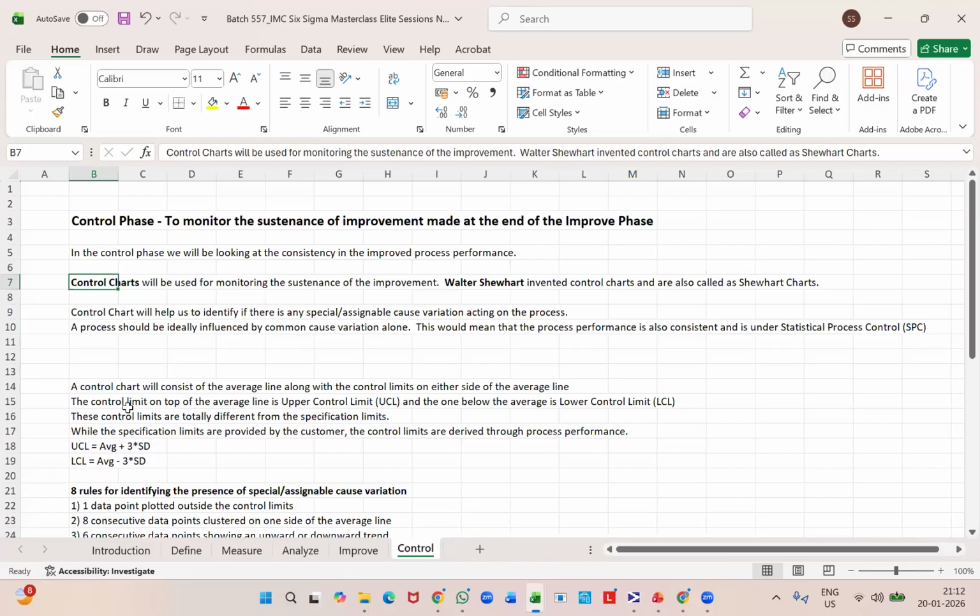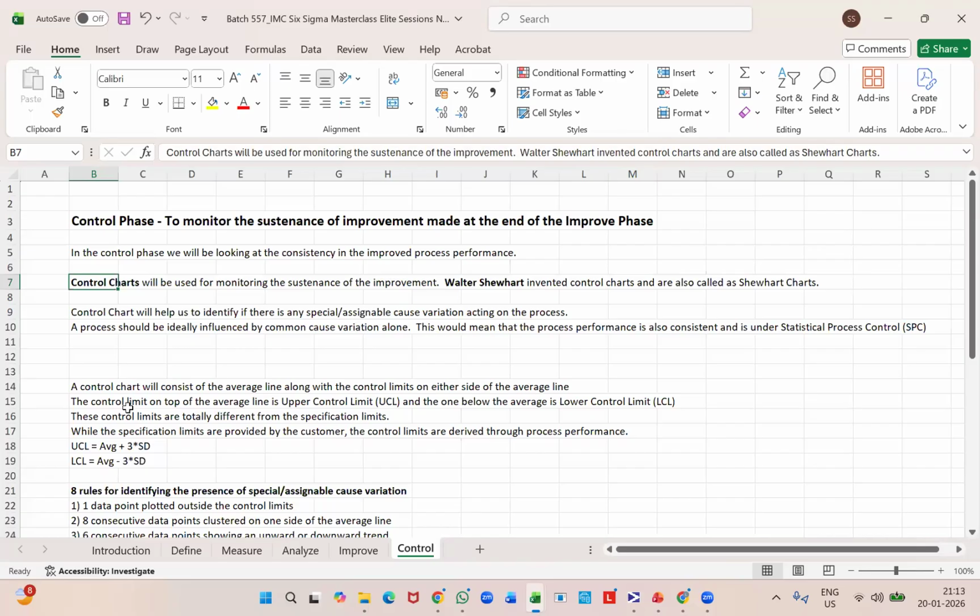Whichever is the exceptional scenario will be part of your alternate hypothesis. Whichever is your normal or ideal scenario will be part of your null hypothesis, right? So for control chart, the null hypothesis will be the process is influenced by common cause variation alone, and the alternate hypothesis will be the process is influenced by assignable or special cause variation.